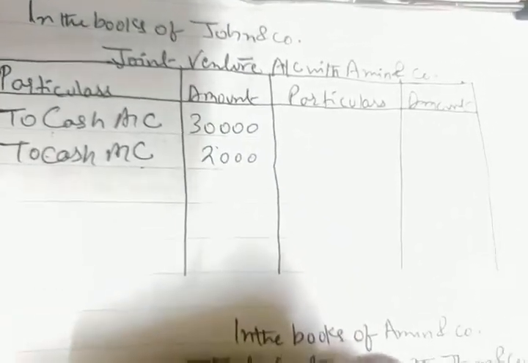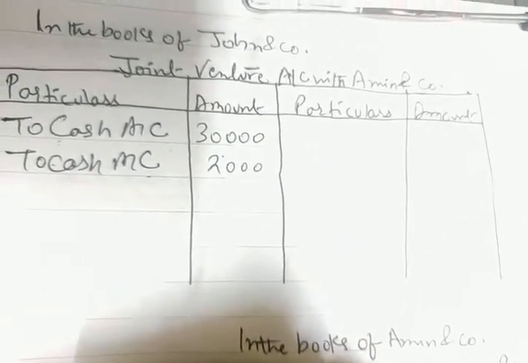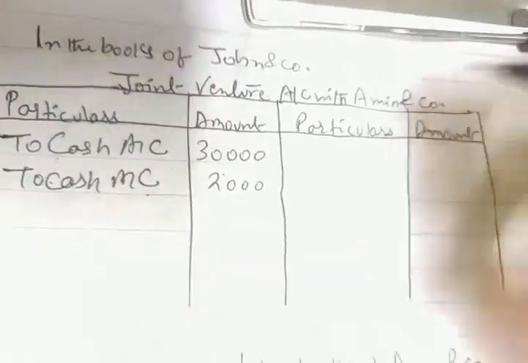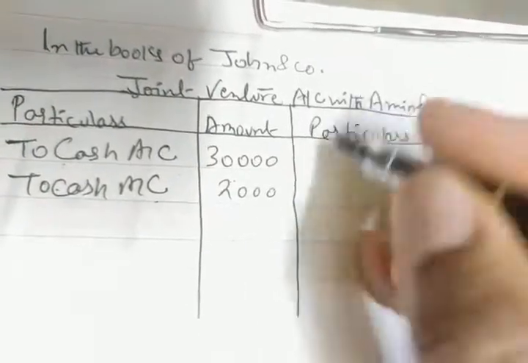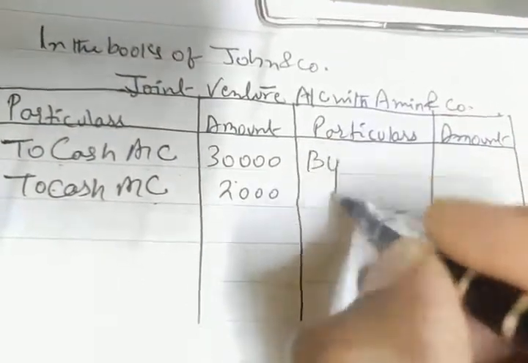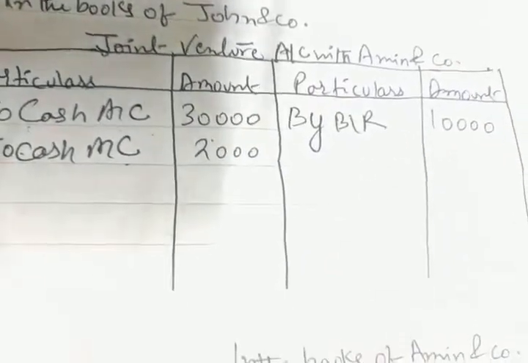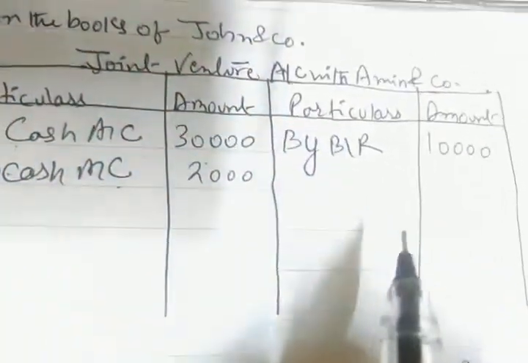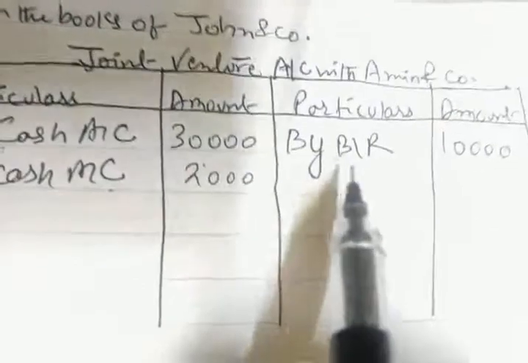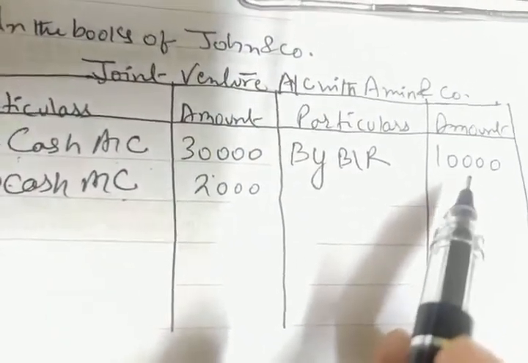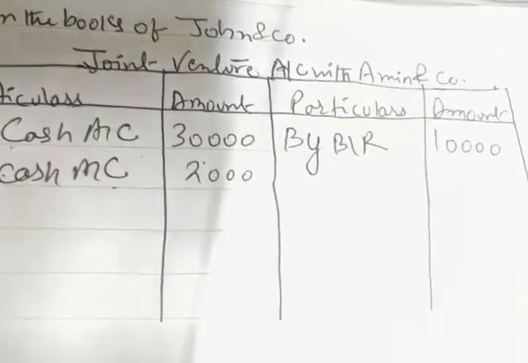Then they drew a bill on Amin and company for rupees 10,000. That means John and company is supposed to receive the bill worth rupees 10,000 from Amin and company. So it's a bill receivable for John and company.